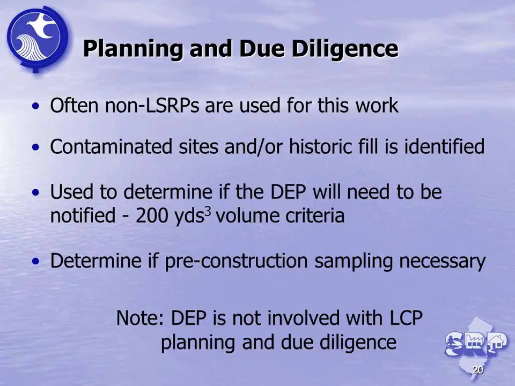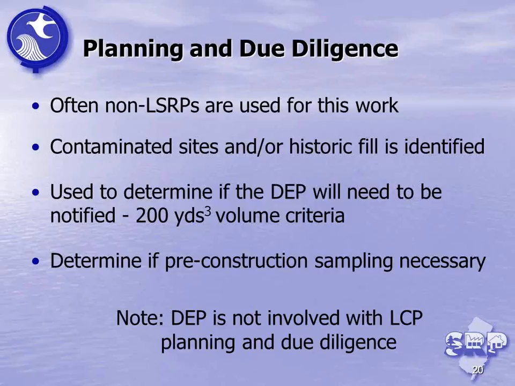But one of the purposes of undertaking due diligence, of course, is to try and identify on your site whether you have contaminated sites, whether you have historic fill. Another reason that's really important is that at that point you have an opportunity to test the 200 cubic yard trigger for whether or not you may generate greater than 200 cubic yards of contaminated soil.